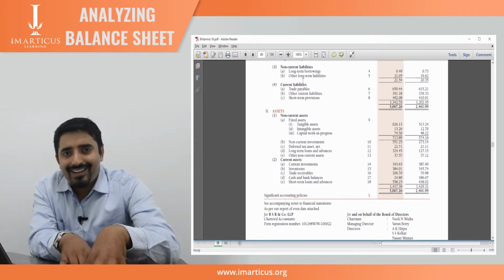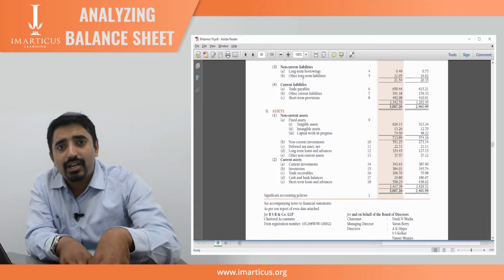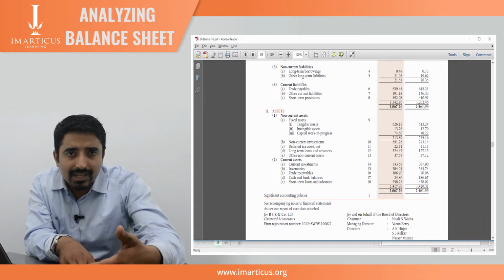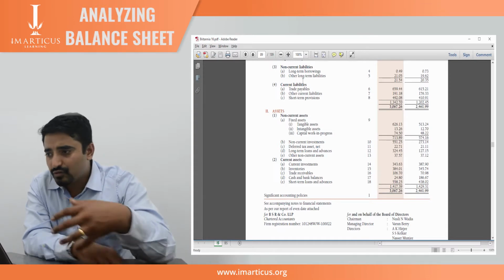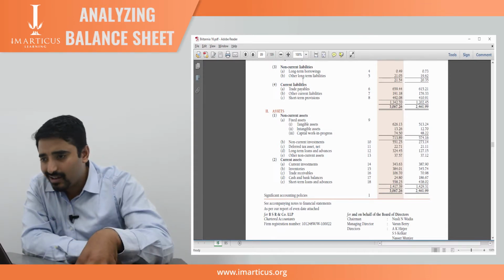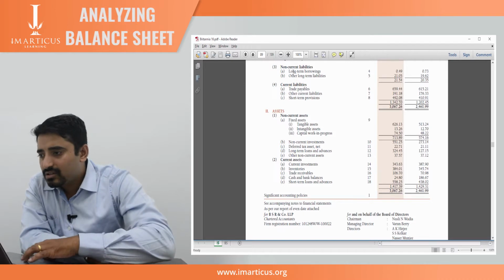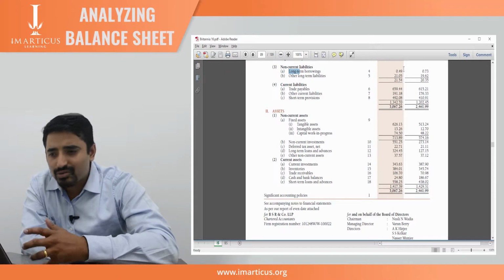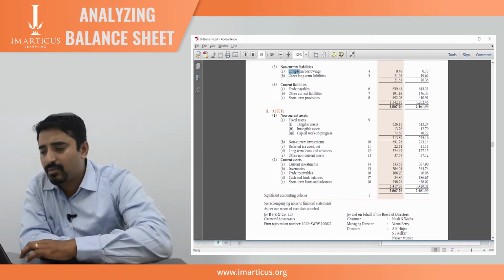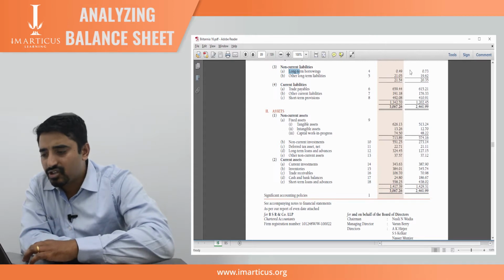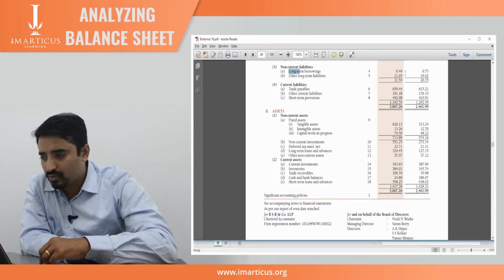Liabilities means something that the company owes. If an asset is something that the company owns, liabilities are something that the company owes. So here Britannia owes some long-term borrowings worth 0.49 crores, hardly anything, basically close to 50 lakhs, and they have some other long-term liabilities which is around 21.05 crores.